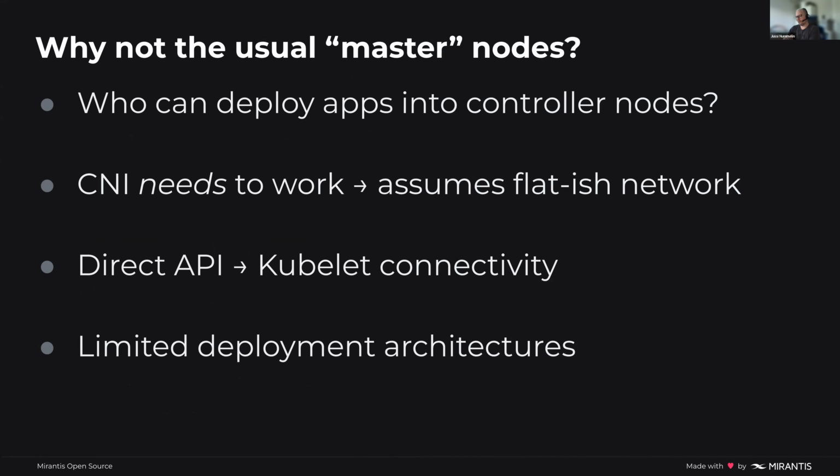Some of the questions I usually get is, okay, why not just use the usual master label, or did it actually change in 1.24 already to be the control plane role label? Yeah, I think so too. Anyway, why not just use the usual labels and taints and whatnot to mark the control plane nodes?